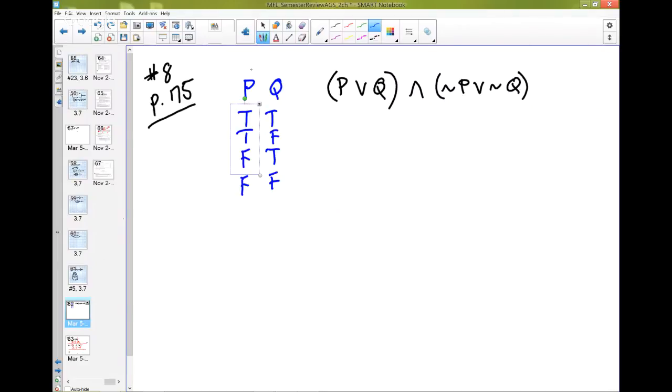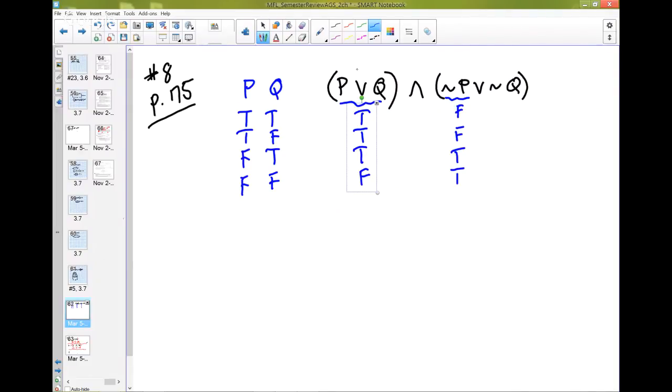Okay. First set of parentheses, P or Q. So the or rule is what? False only when they're both false. Okay. Elliot, I think I'm going to put the nots right underneath the letters here. So let's put the not P, which would just be the opposite. So that would be false, false, true, true.